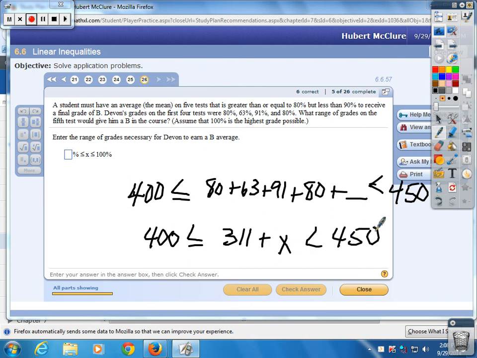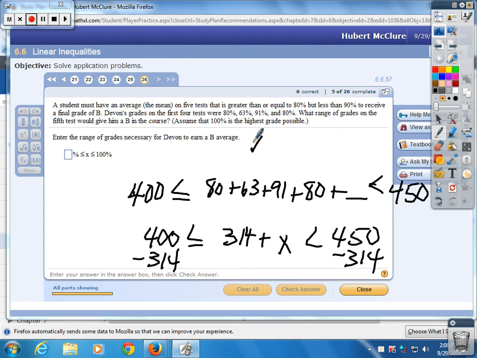Somebody check the middle, see if you get 311. Okay, 314, thank you. Is that what y'all got? Anybody else get 314? Okay. Minus 314. Minus 314.